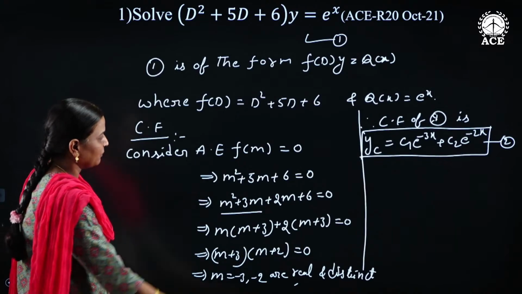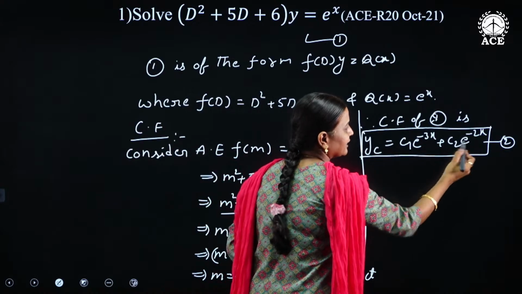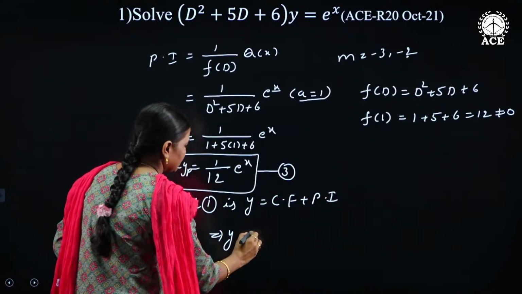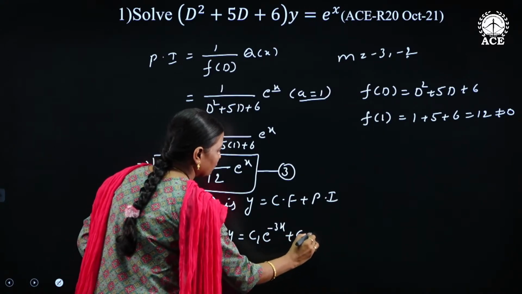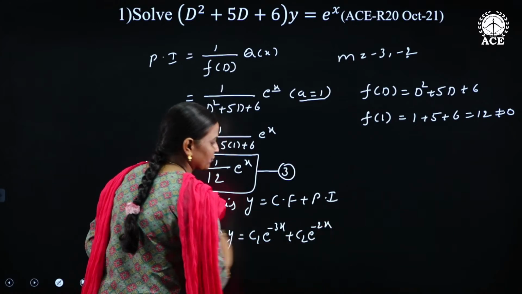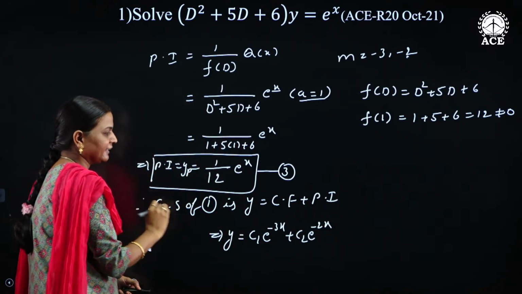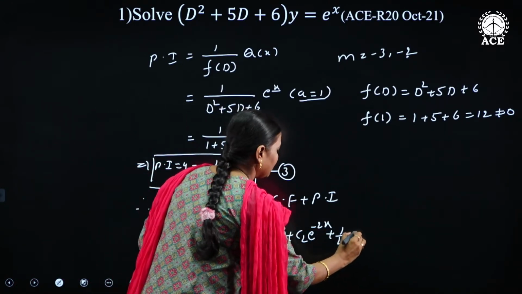Yc is equal to c1 into e power minus 3x plus c2 into e power minus 2x. So y is equal to c1 into e power minus 3x plus c2 into e power minus 2x plus particular integral. From equation 3, what is the particular integral? Plus 1 by 12 into e power x.